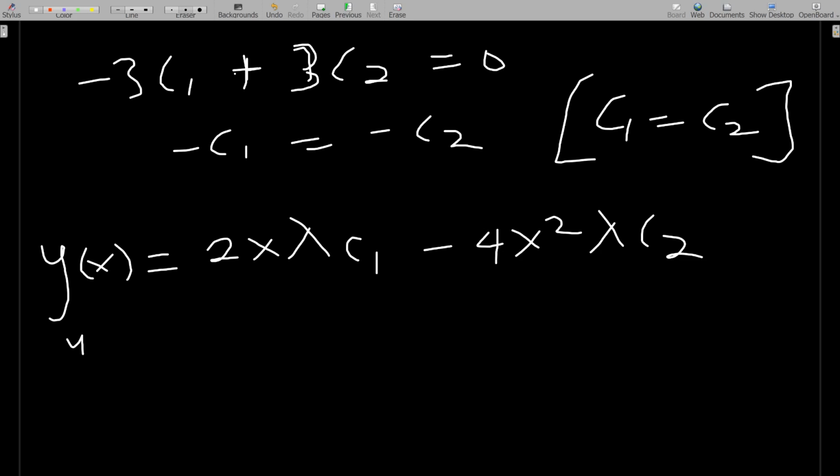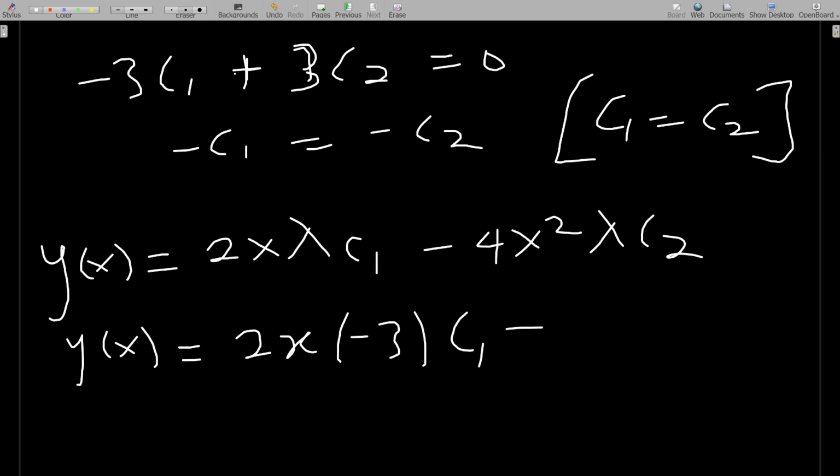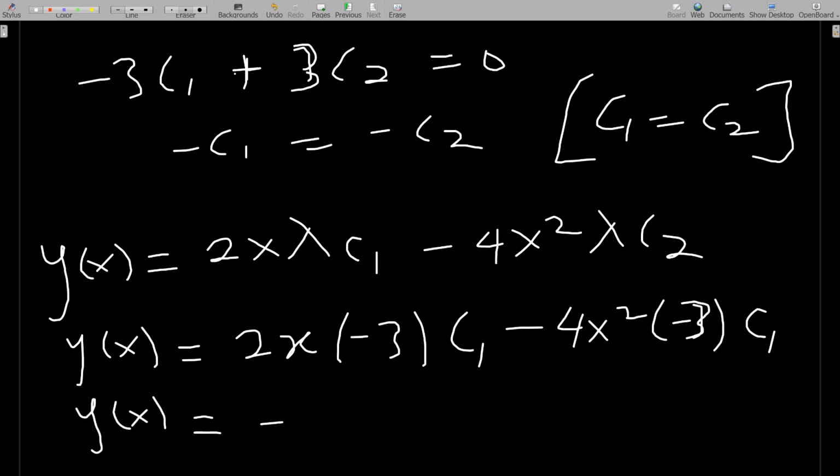So we know our lambda, so y of x is equal to 2x, lambda is -3, c1 is c1, minus 4x squared, lambda is -3, c2 is equal to c1, so we just put c1 again here. And this means that y of x is equal to minus 6x c1 plus, is it 12 or 4? 12 x squared c1. I hope you get what I'm trying to get here.